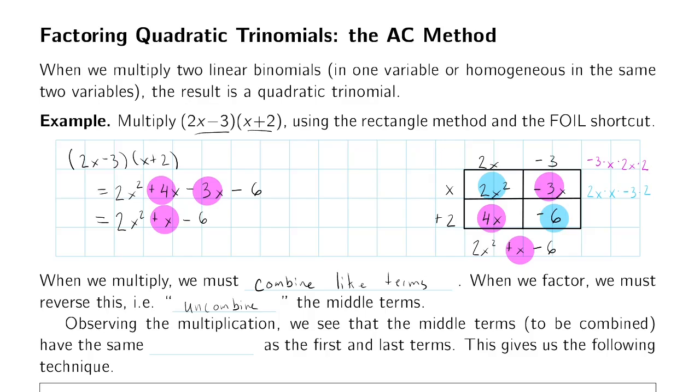And so we observe that the middle terms, the ones we combine, have the same product as the first and last terms. Why does that matter? Well, that gives us a method we can use to uncombine our middle terms.